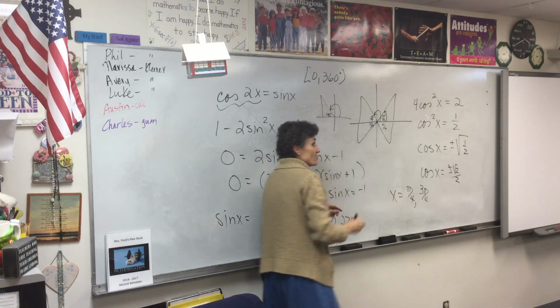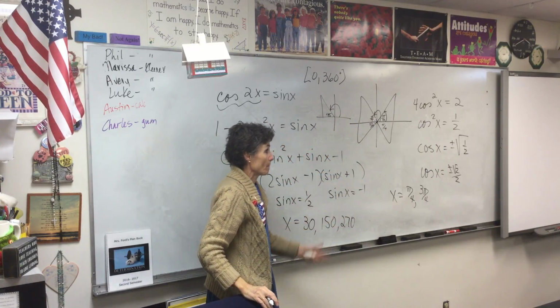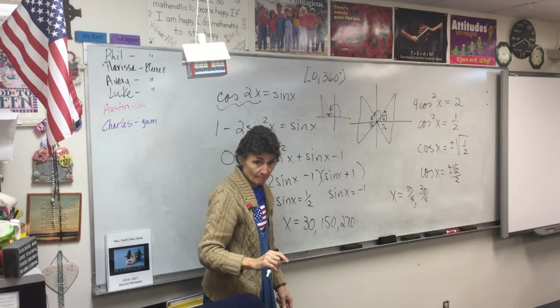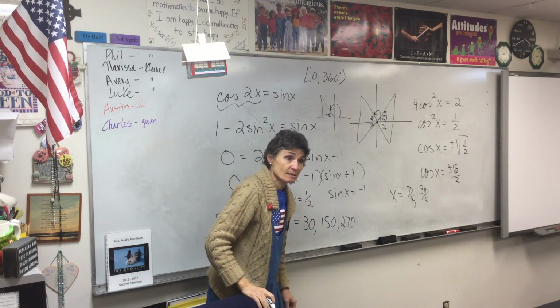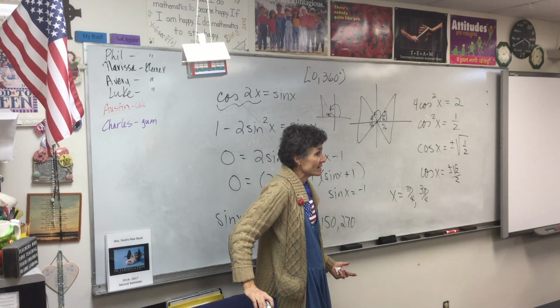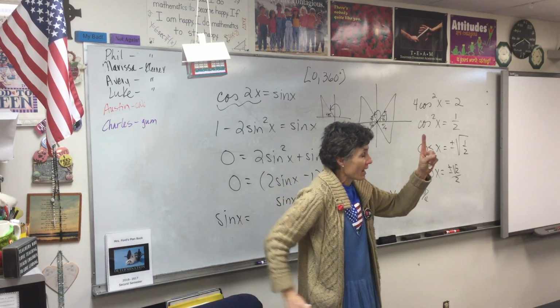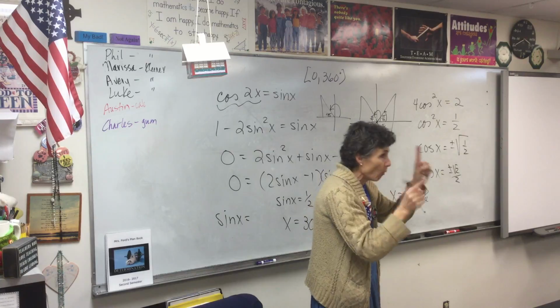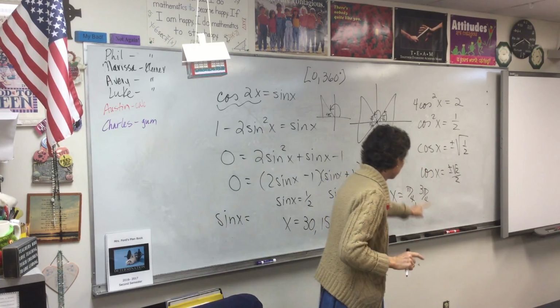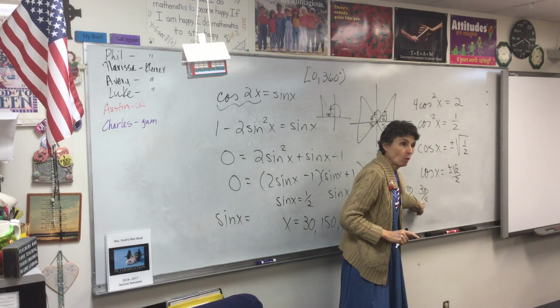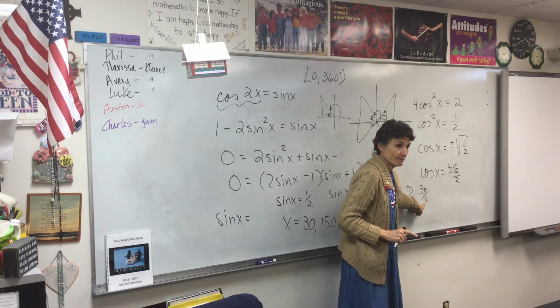How would you find the measure of that one? What would you do? 180 minus it. But we're in radians. So instead of 180 minus, we'll do pi minus. 1 pi minus a fourth of a pi would leave me with 3/4.